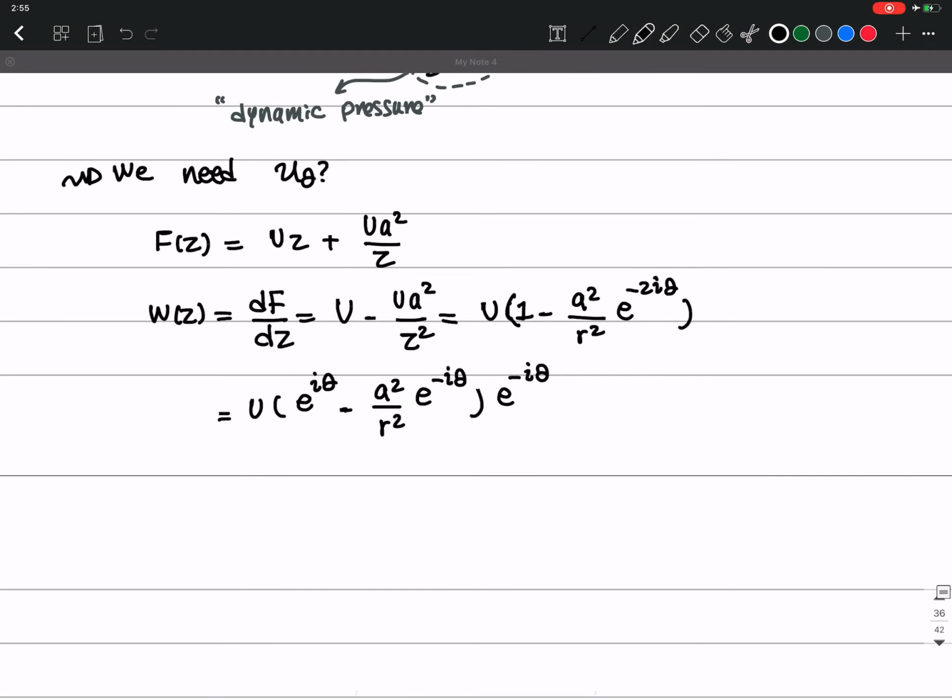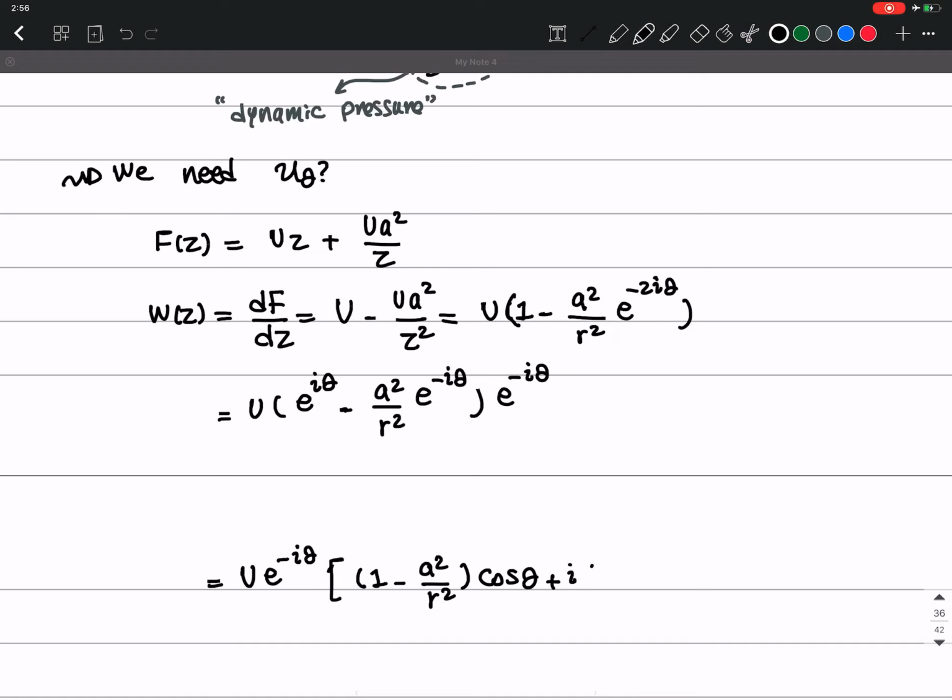So this is going to give me U e to the minus i theta, and then I want to separate the real and imaginary parts. The first is cosine theta, so let me factor cosine theta: 1 minus a squared over r squared times cosine theta is the real part.